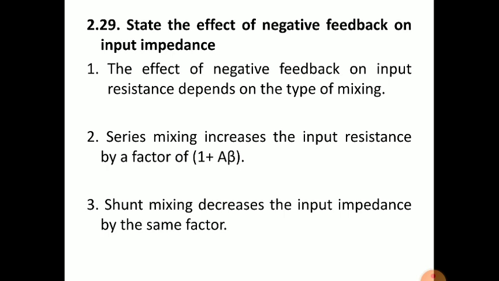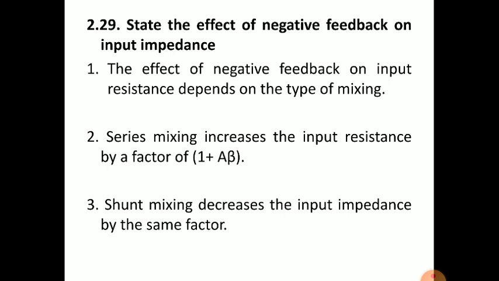So first, for the input impedance, when there is series mixing, it increases the input resistance by a factor of 1 plus A beta. In series mixing, the resistors are added, right?